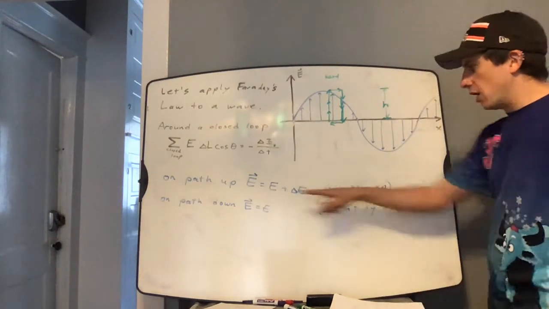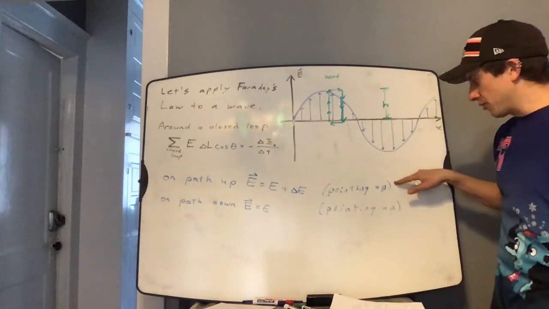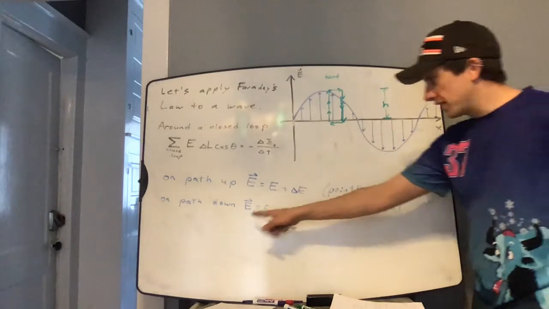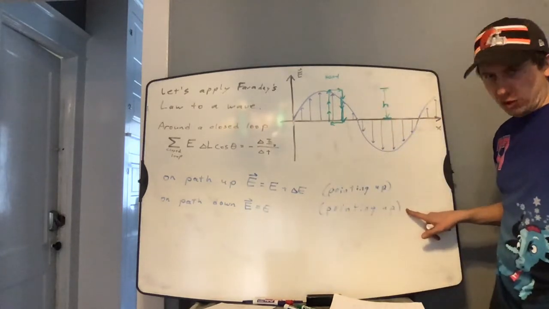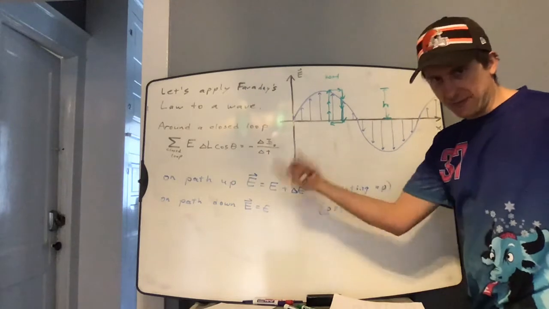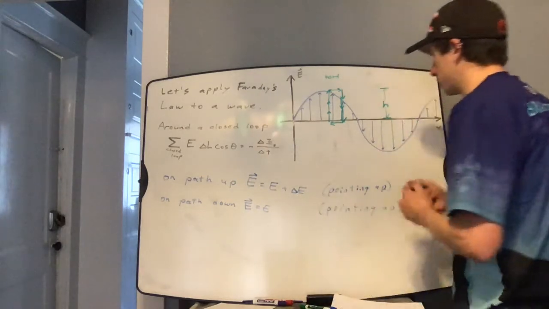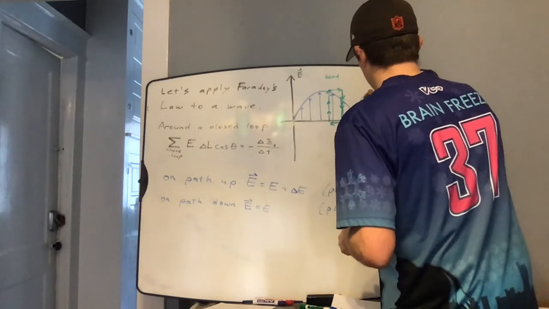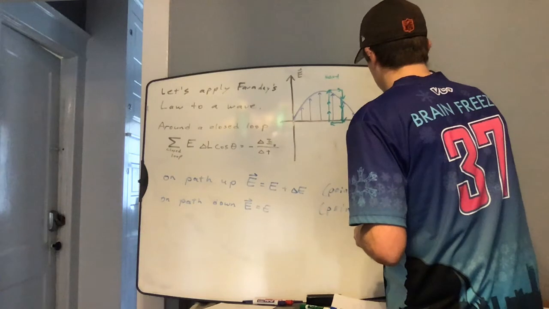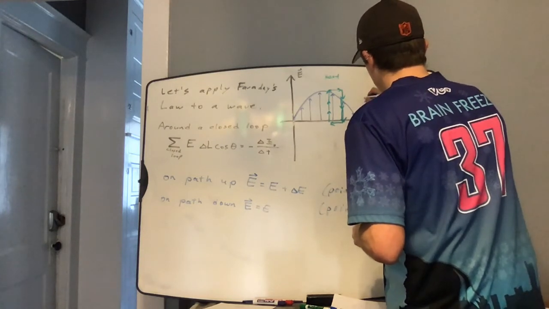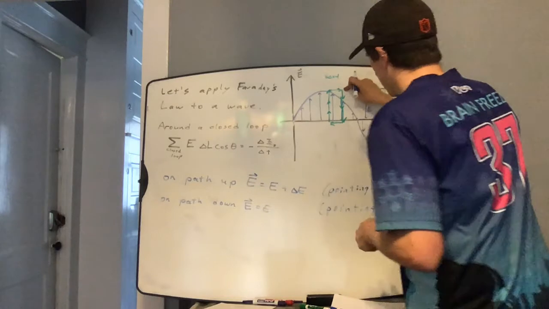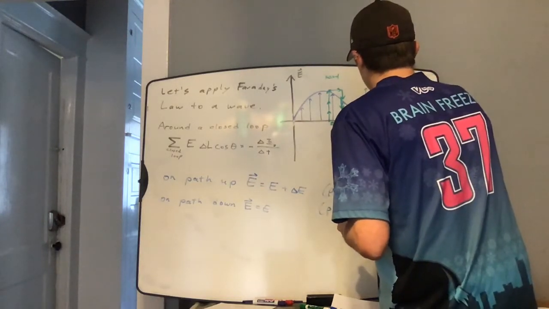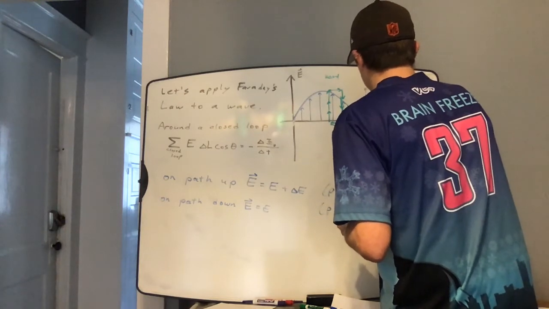When I'm walking upward, the electric field is in the same direction that I'm walking, and it's a bit stronger. When I'm walking down, the electric field points the opposite direction, and it only has that much strength. So on the path down I will say this is the electric field E, and the excess electric field when walking on the path upward will be E plus delta E, just a delta E more.